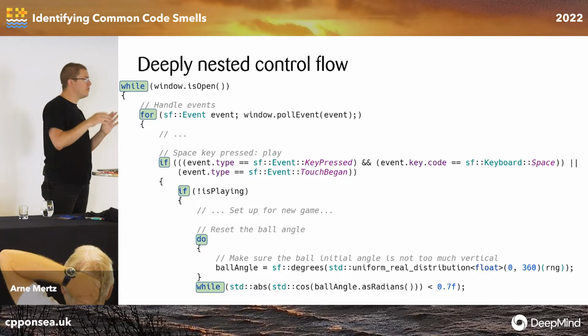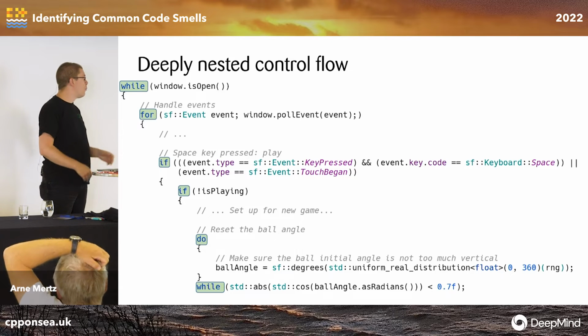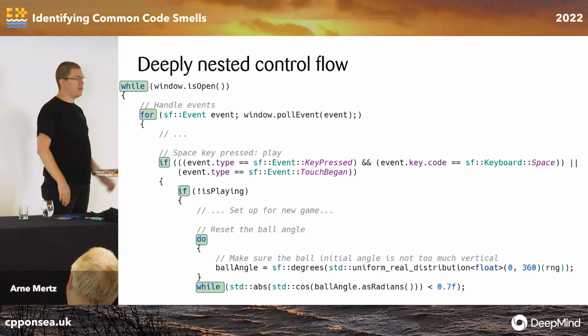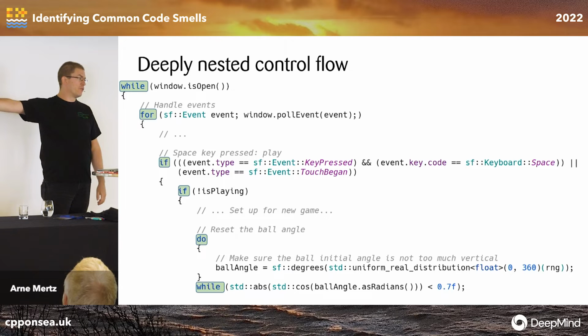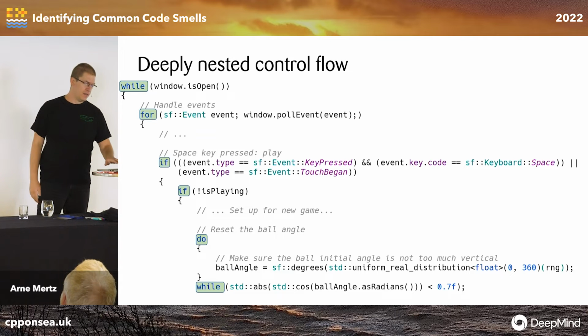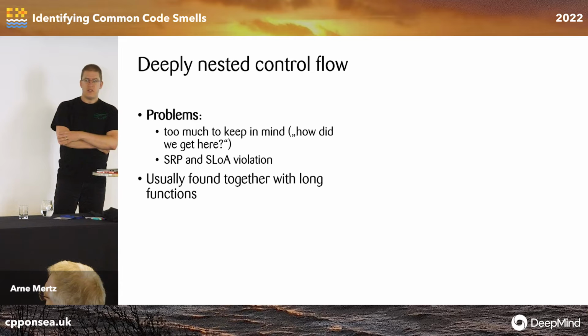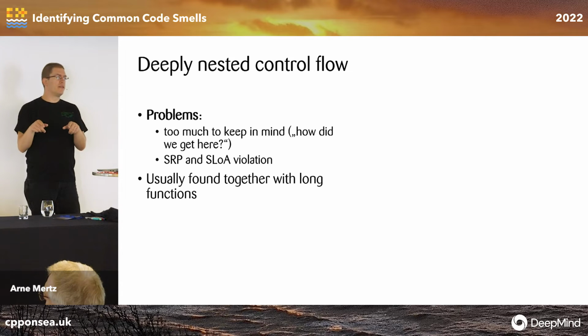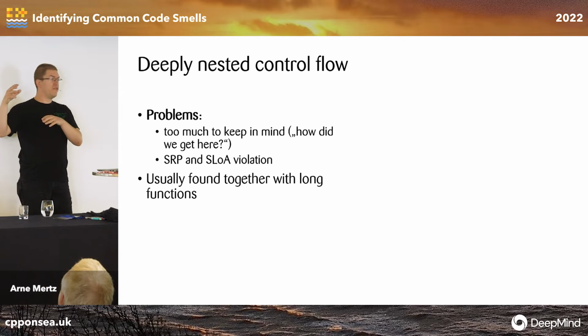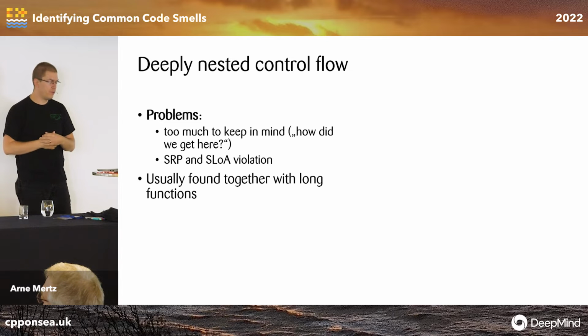So basically, whenever the indentation goes right out of the screen, that's definitely too much, right? The underlying problem is it's just too much to keep in mind. How did we get there, which conditions have we already checked, and which conditions didn't we check, and so on and so forth.